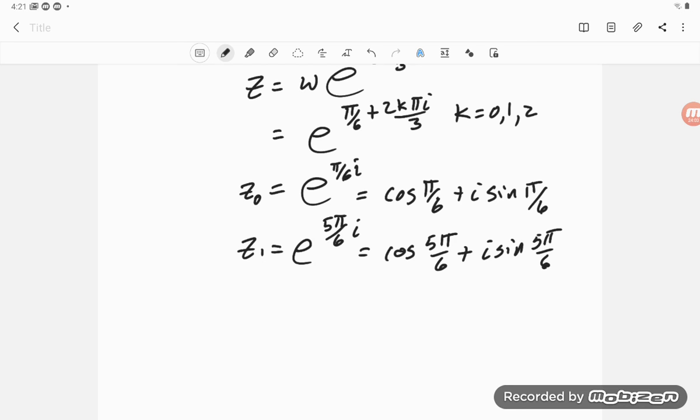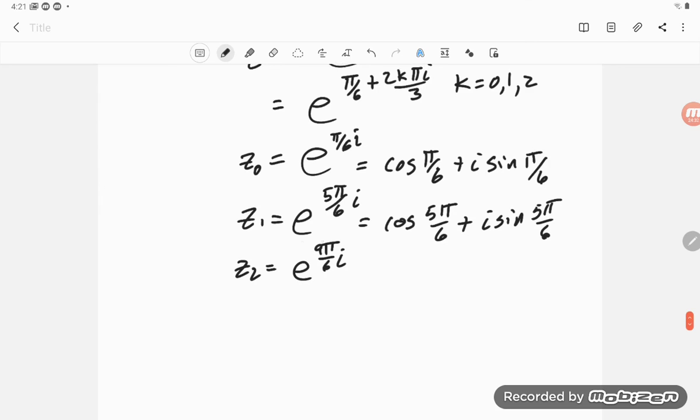And I could even convert those to some sort of fraction or decimal number, since we can actually do those. And then Z2 is, well, let's see, I've got 4 pi over 3, so that's 8 pi over 6. So I get 9 pi over 6. So e to the 9 pi over 6 i.